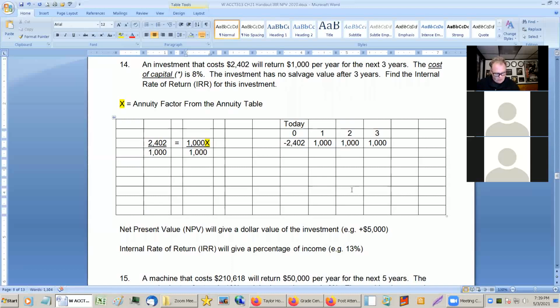And so we'll end up with X equals 2,402 divided by 1,000 is 2.402, I think.